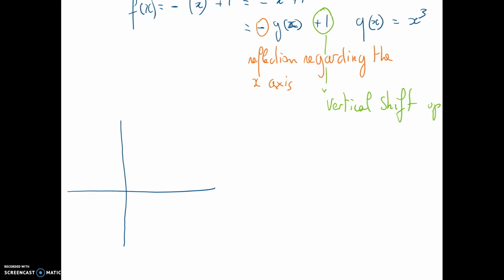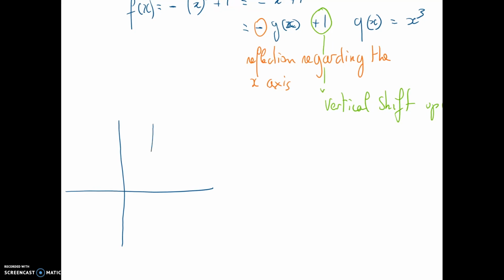So basically x cube is a function that looks like something like this. And then I want to do a reflection. So this is g of x, with the y-axis right here and the x-axis right there. If I want to represent the reflection, I'm going to end up with something like this. Oops, I'm going to change my color and put it in orange.